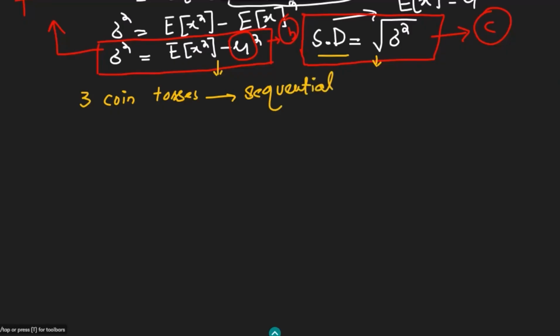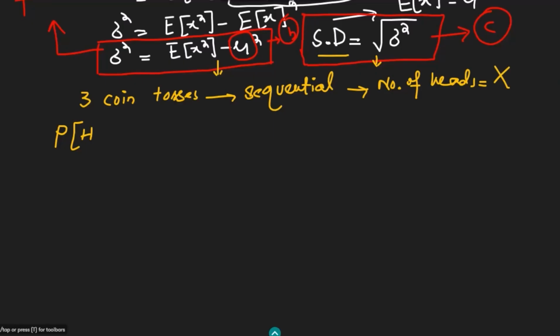In our first video of this series, we have seen the probability of the number of heads. The number of heads in each toss is our random variable x.